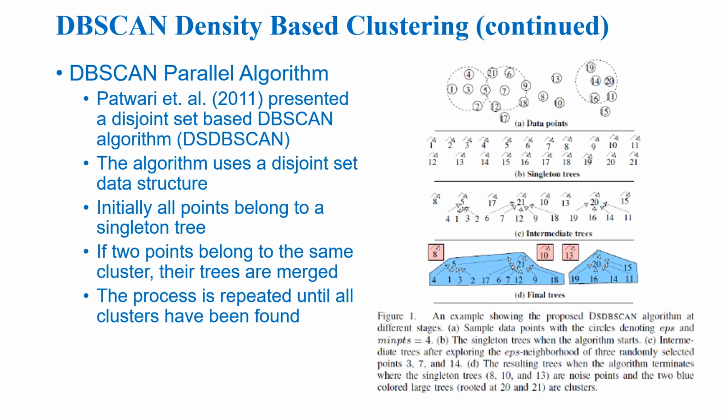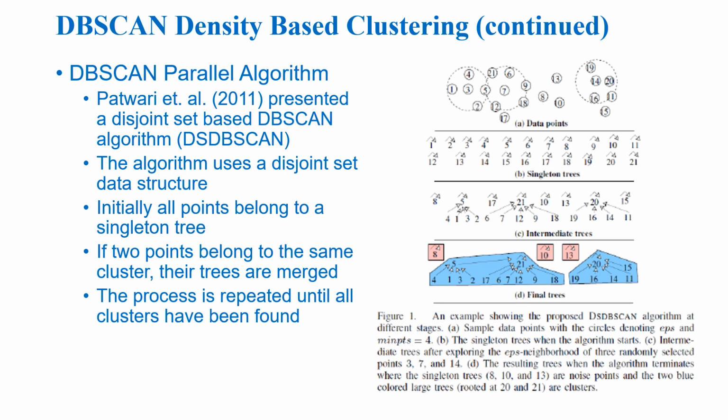Next we have a DBSCAN parallel algorithm on the right. This is from 2011, and it presented a disjoint set based DBSCAN. The algorithm uses a disjoint set data structure.